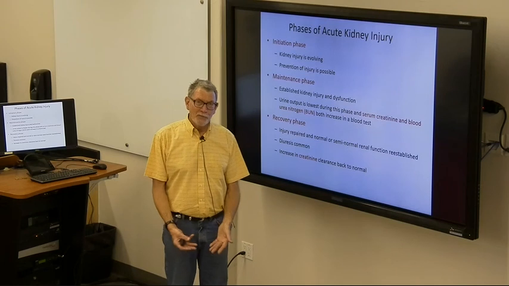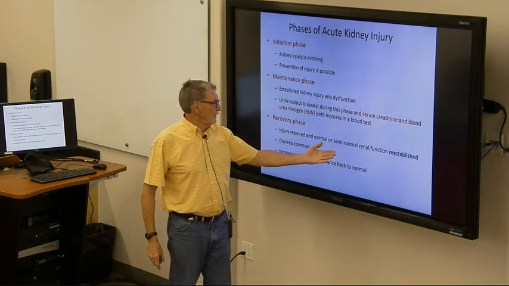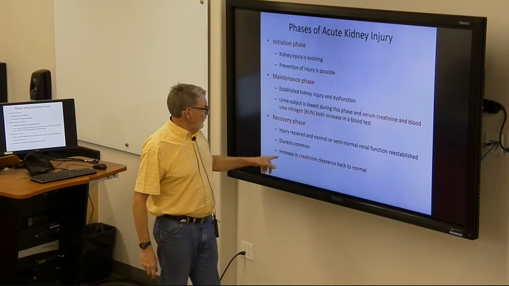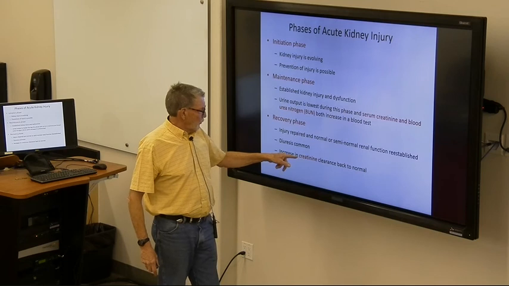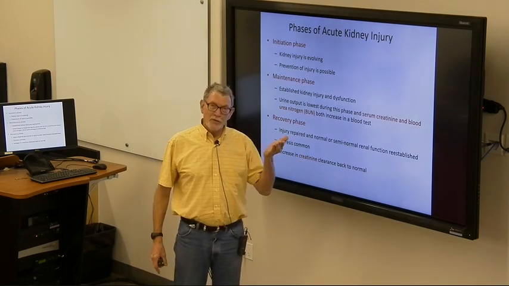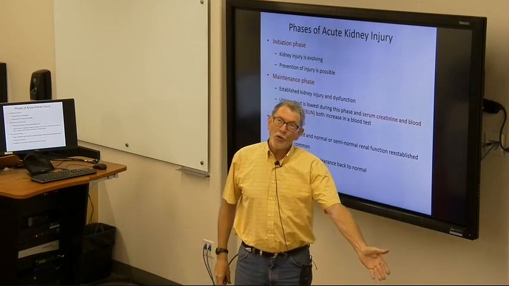You haven't made enough urine for a while, and therefore there's an increase in diuresis, increased peeing, and the creatinine clearance is increased, so the creatinine levels in your blood drop while you pee out more creatinine.